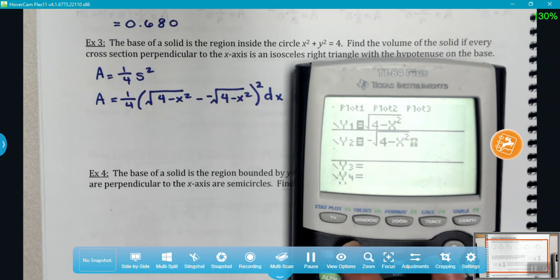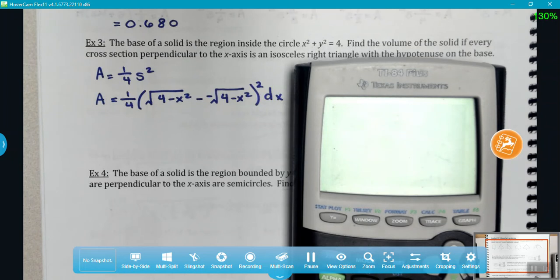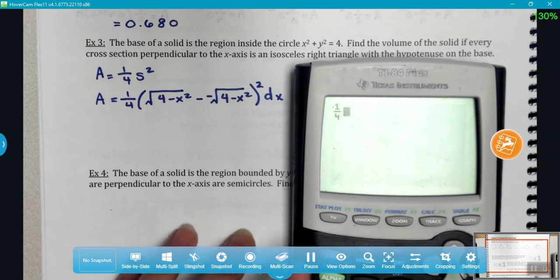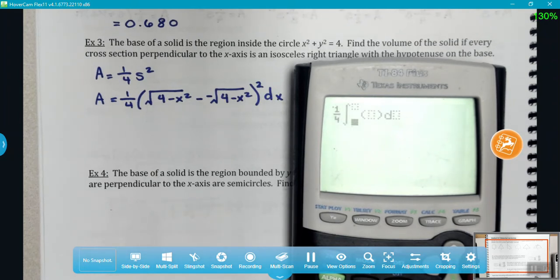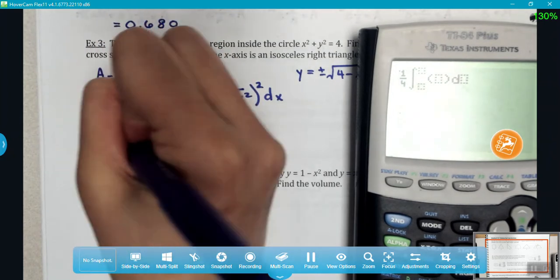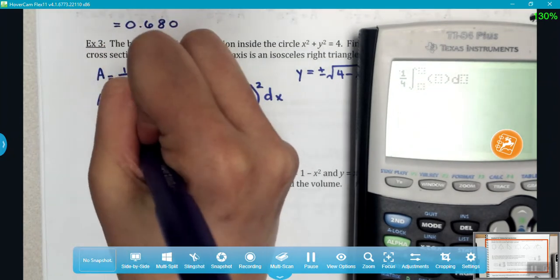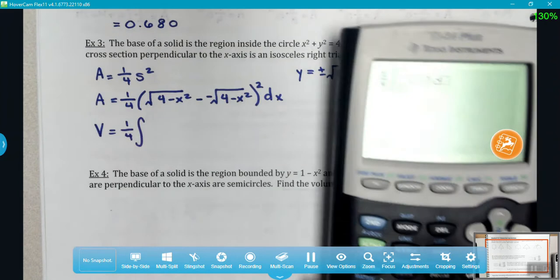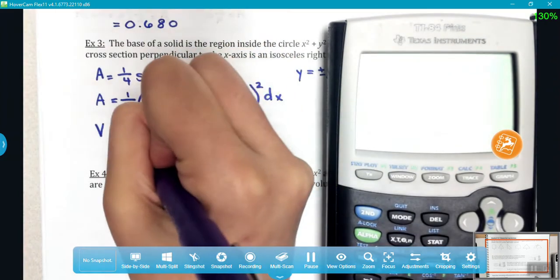And then when you go to your home screen, 1/4 integral. Oh shoot, I need to make my volume equation. Where are we going? From -2 to 2?